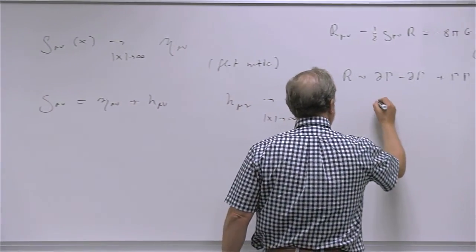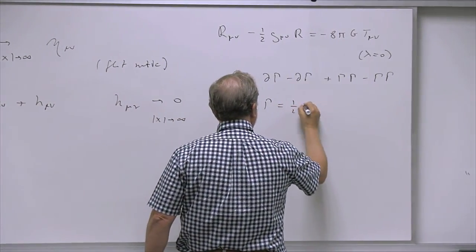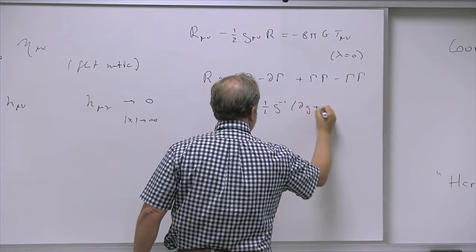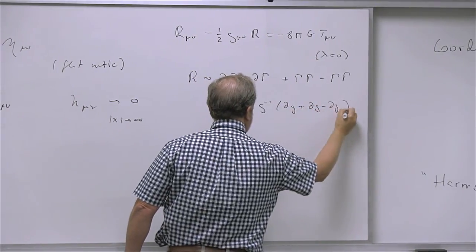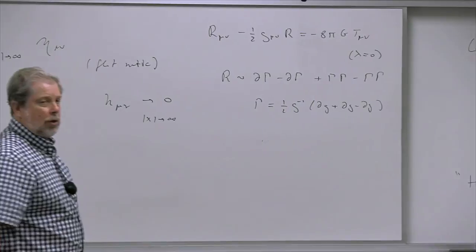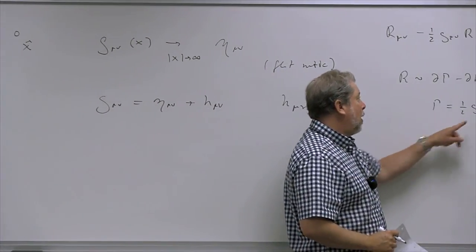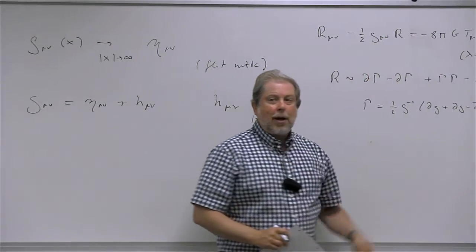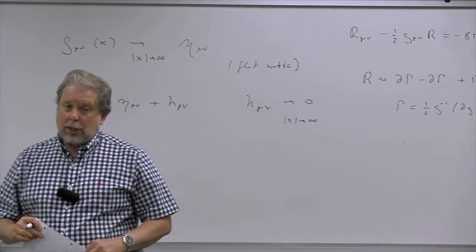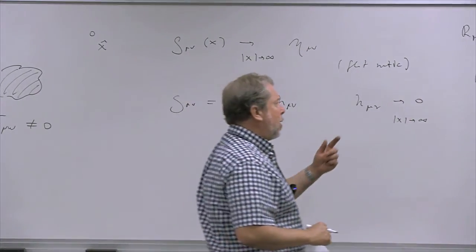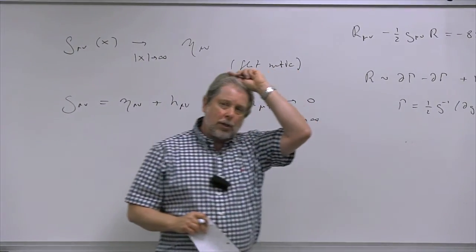And the affine connection itself, as I said, is 1/2 times g^-1 times dg plus dg minus dg. So it itself is some combination of derivatives of the metric with an inverse of g on top of that in front.